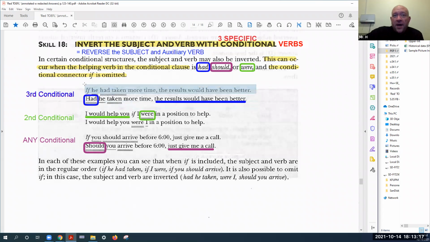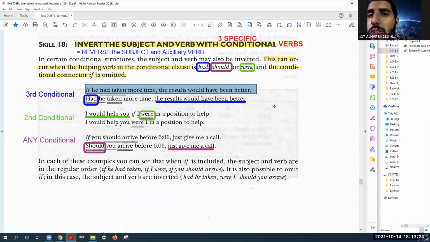Let's compare them now. Is the second a question? No, it is not. There is no question mark. I just want you to compare the order. Look at the word order and tell me, can you find the changes?